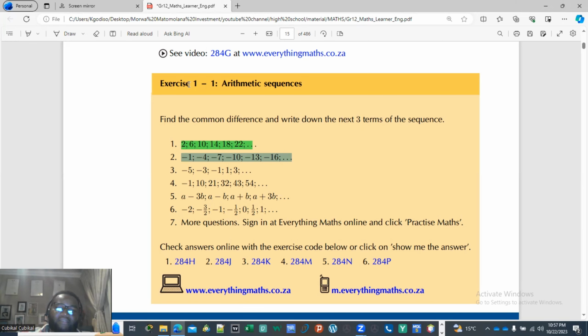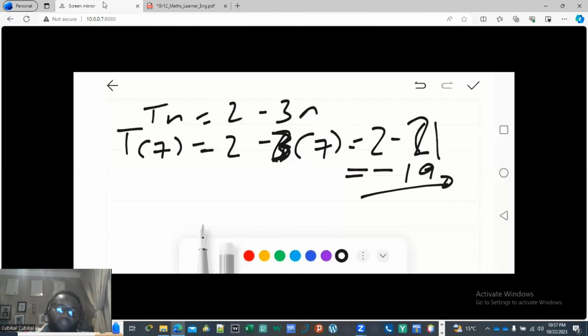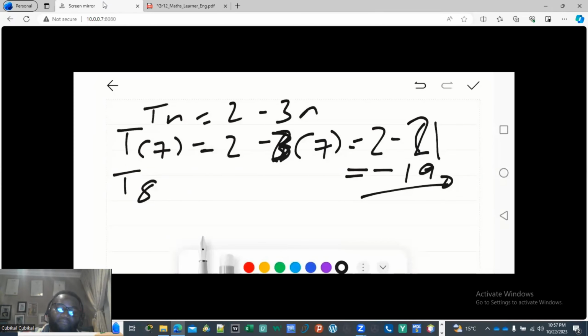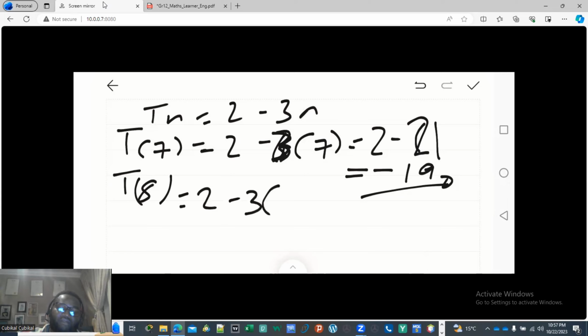So you'll realize that when you continue and say T8, you're going to get a 2 minus 3 times 8. So 8 times 8, 8 plus 8 should be a 16. And then plus a 8, it should be a 24.